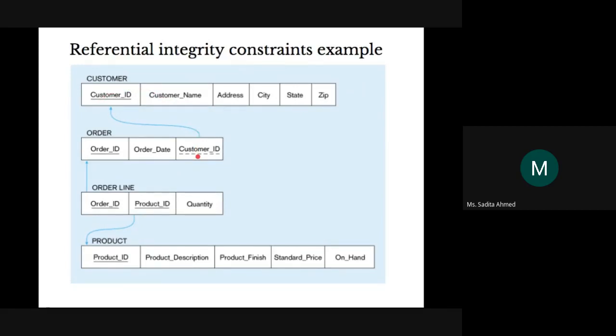So যেটা করবে, before deleting Maruf's customer information, before doing that at all, the DBMS will first look, does this customer ID 23 exist in any other table where customer ID is being referenced? দেখলো যে order table-এ customer ID is being referenced. সে first search করবে order table, are there any rows where customer ID 23 exists?